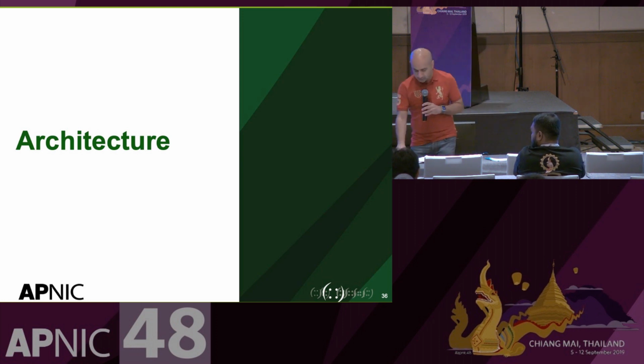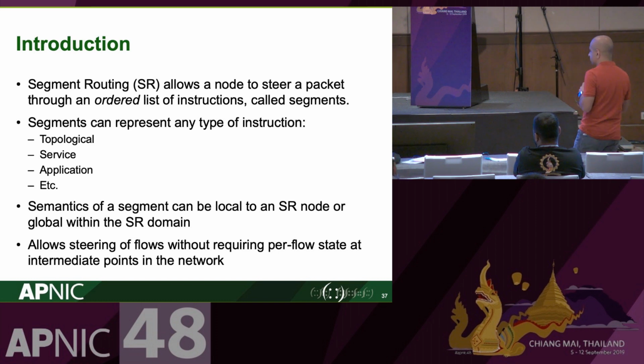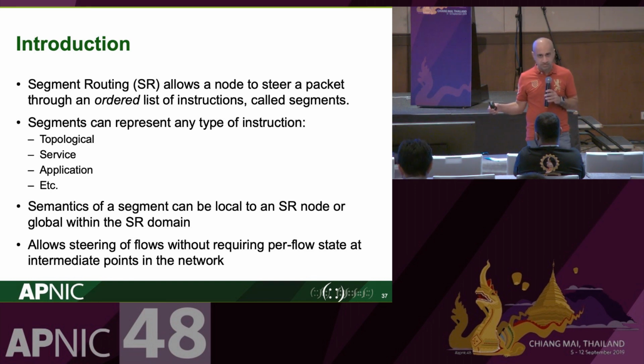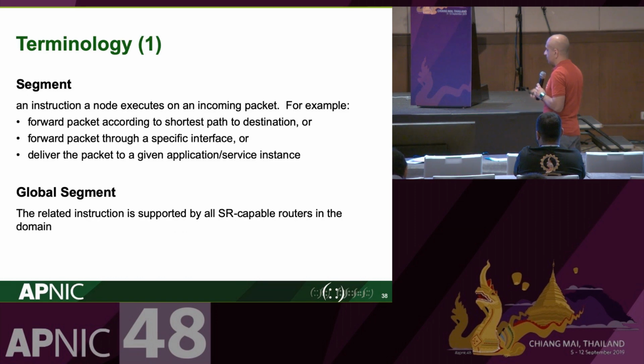Okay, so in terms of architecture, we've already spoken about this. Segment routing allows us to steer packets through a set of nodes, depending on what information is put in the packet. It doesn't require per flow state. Okay, we already talked about that. You saw what a segment is.